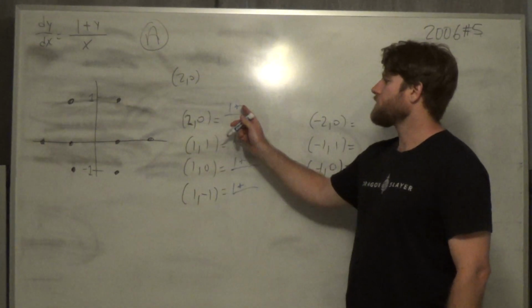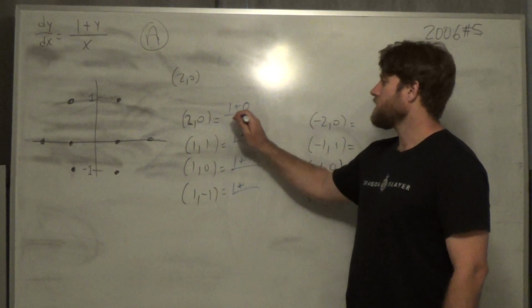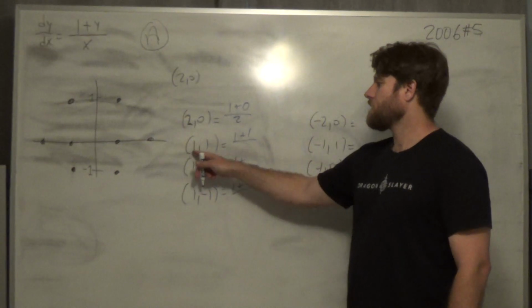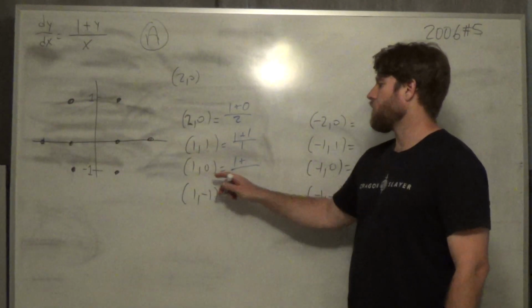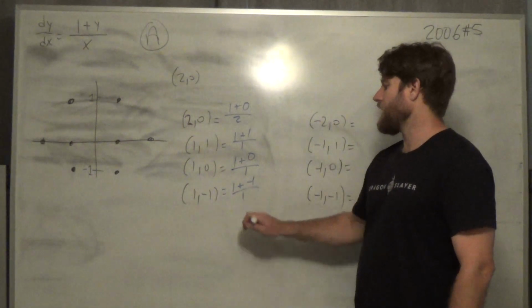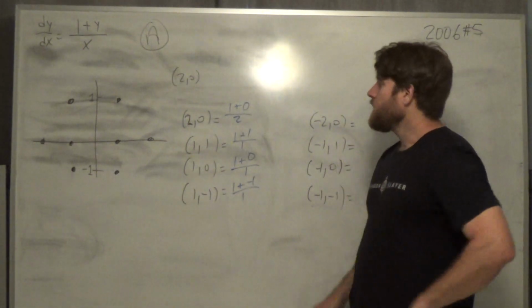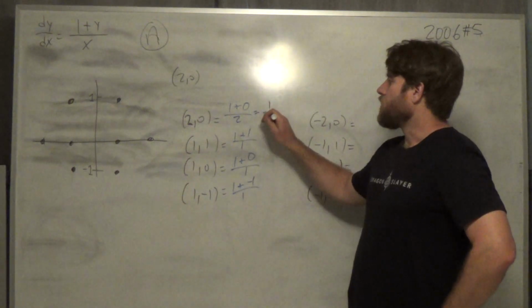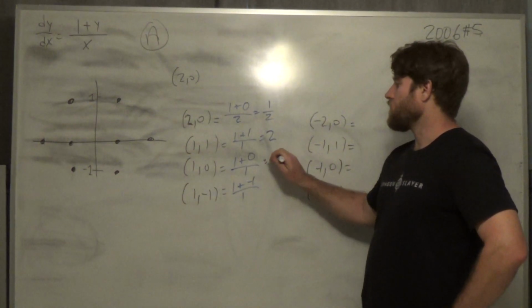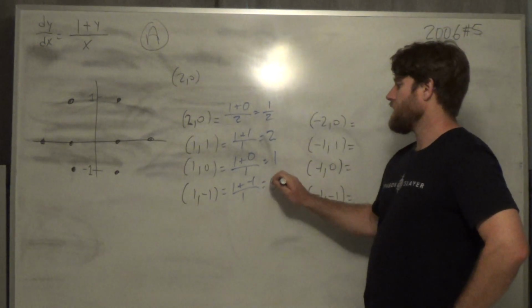Okay, so 1 plus my y is a 0, my x is a 2. My y is a 1, my x is a 1, my y is a 0, my x is a 1, my y is a -1, my x is a 1. So here I get a slope of 1/2, and 2, and 1, and 0.